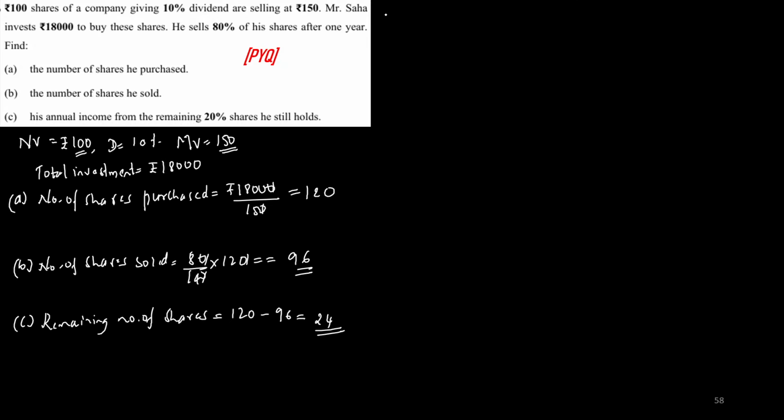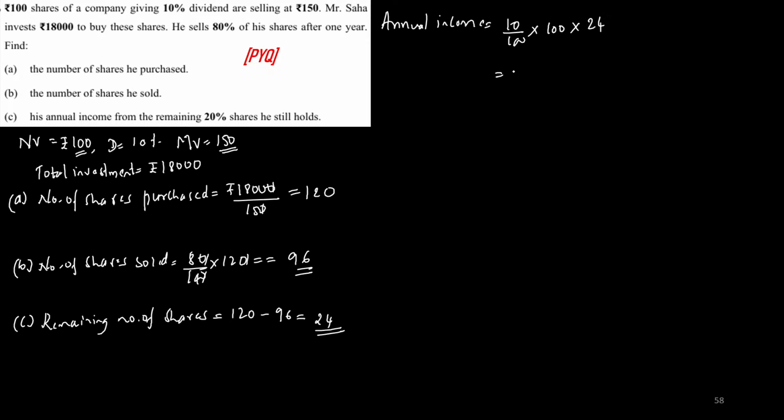So I can say that annual income is equal to rate of dividend. What is rate of dividend? 10%. Clear? So it is 10 by 100, and nominal value of the share. What is nominal value? It is rupees 100. Clear? And into the number of shares he's holding now, 24.